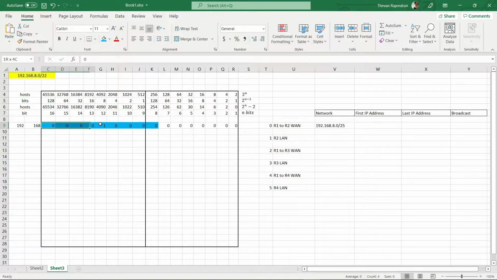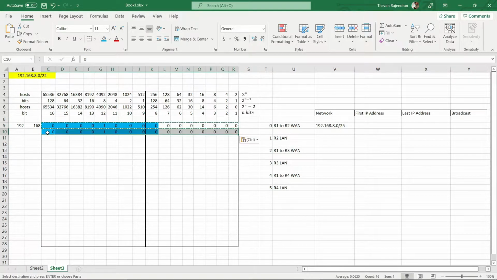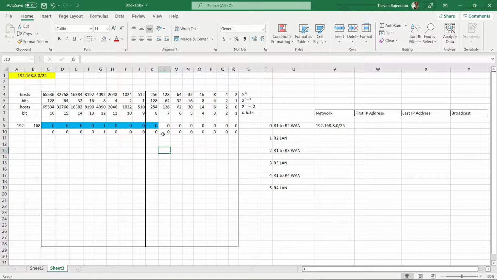For the broadcast address, I will copy and paste the entire numbers. The broadcast address will be calculated from the non-highlighted numbers, which means the numbers behind the highlighted will be changed into 0.